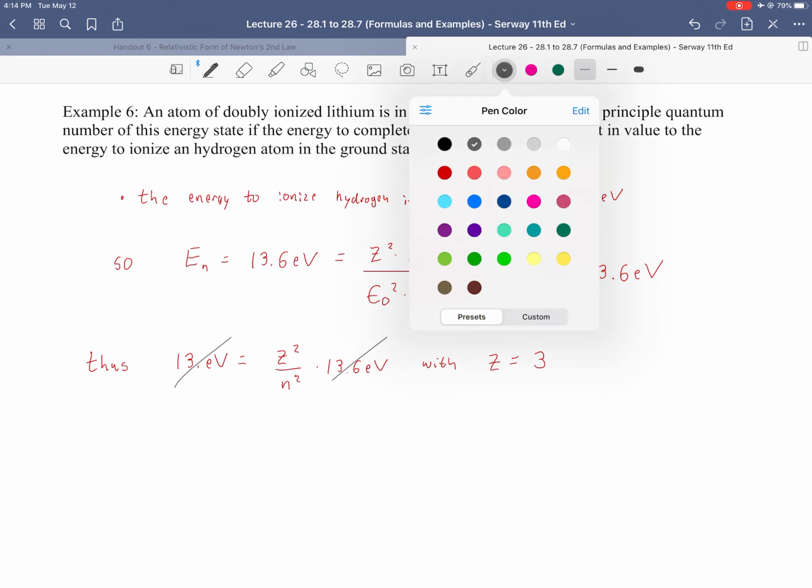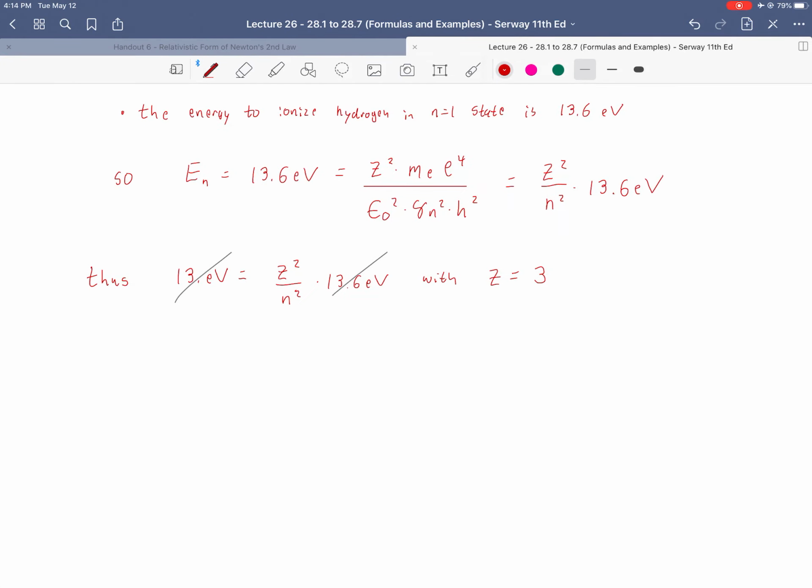Obviously, the 13.6 cancels, it just becomes 1. And so then we'll have n squared equals 3 squared. Oh, just n equals 3. All right? And it ends up being exact, right?